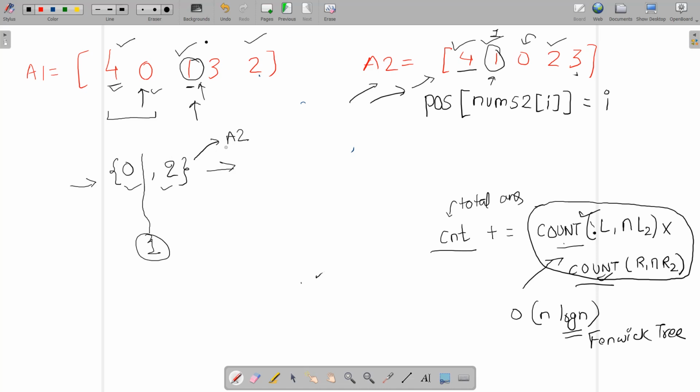It can also happen that the entire 2 part comes to the left and the 0 part comes to the right, or nothing goes to the left and the 2 part goes to the right. But here in this case it is dividing these two parts equally, so this will automatically become the left set.